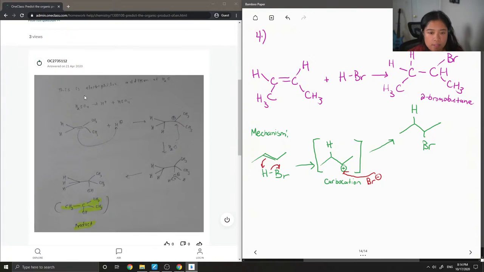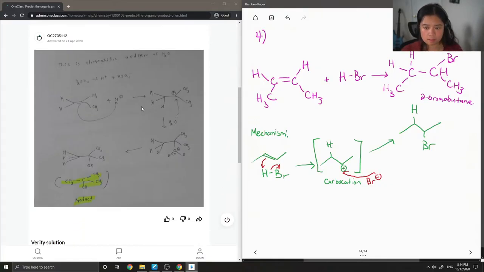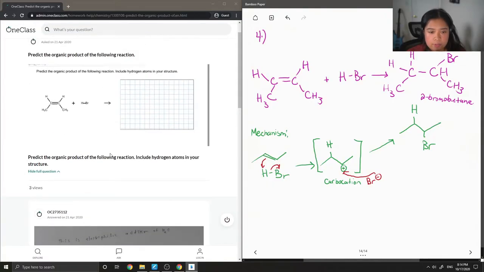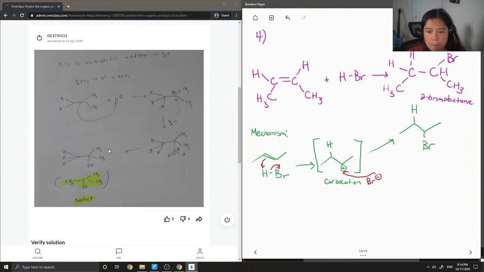Okay, so this is the electrophilic addition of H2O. So looks like a different reaction than the one that's given, but the mechanism is similar. Yeah, so this time they form the same kind of carbocation group, and instead of the bromine coming to attack the positive charge, it's actually a water molecule coming in to attack.